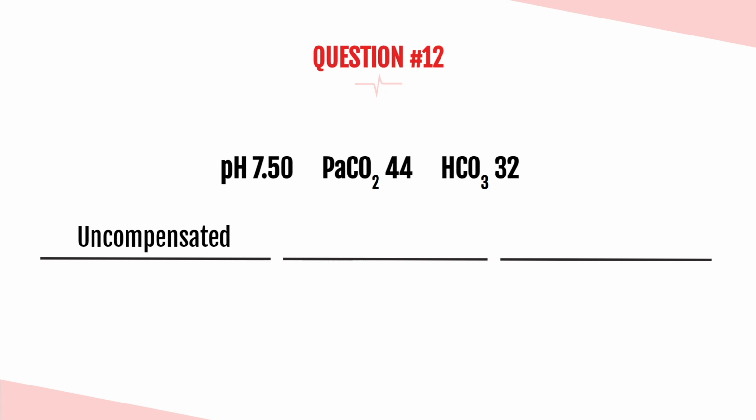Is it acidic or alkalotic? Definitely alkalotic. Which one of these is trending towards alkalosis? It is our bicarb of 32, and the carbon dioxide is normal. So we have an uncompensated metabolic alkalosis.